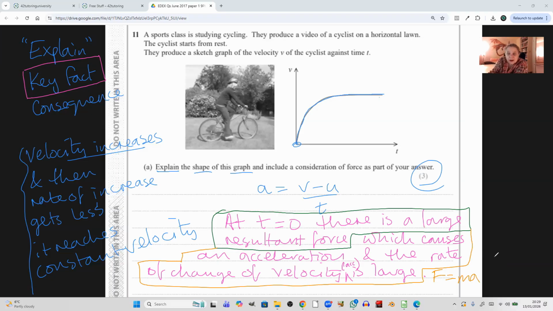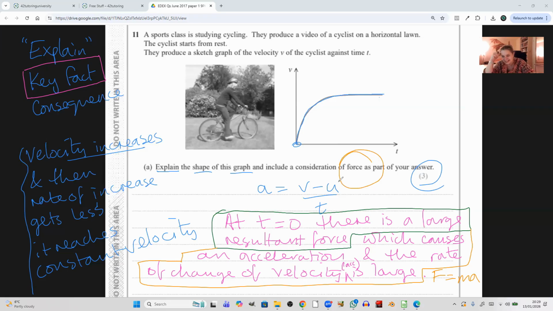Why would the resultant force decrease? Drag or friction. There we go. So now can you see that we're talking about drag increasing with increasing speed? Now it might be drag with the air or friction with the air, whatever you choose to call it. Can you see we are referring to another force?